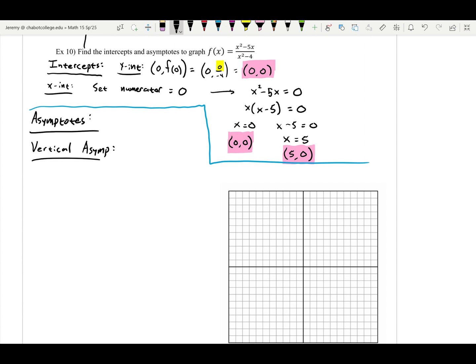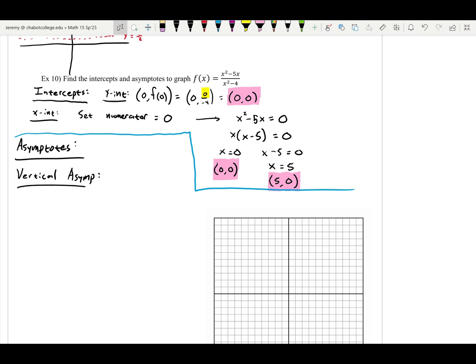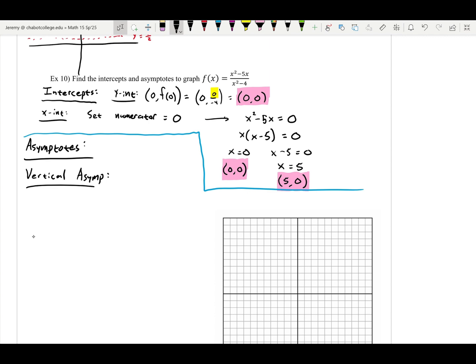Vertical asymptotes are going to occur wherever we have zeros of the denominator which do not cancel with a zero in the numerator. So when I'm going to find vertical asymptotes, I usually start by rewriting the function in fully factored form just to ensure that I don't have any common factors.